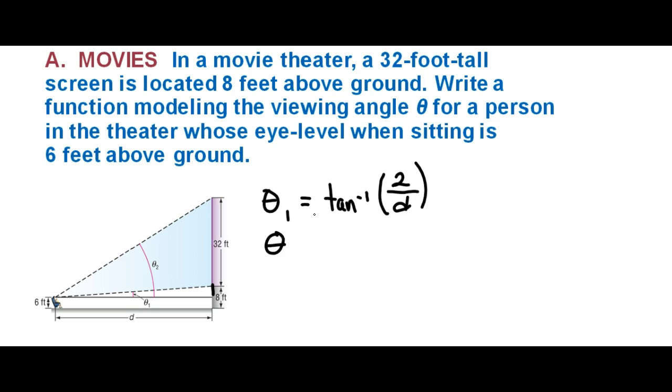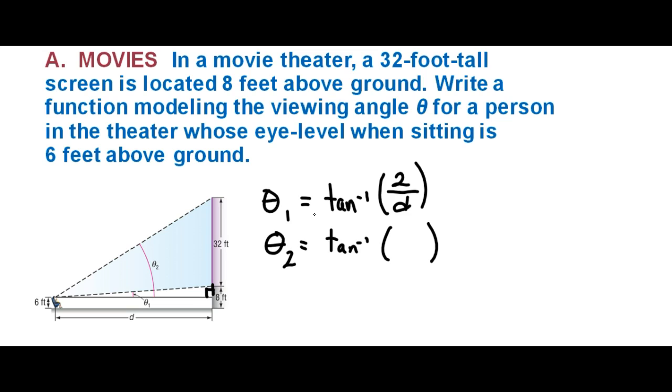So theta 2, in much the same way, is going to be the inverse tangent of this vertical distance of the bigger right triangle. And we know that if we went from the person all the way to the top of the screen, it would be 38 feet.